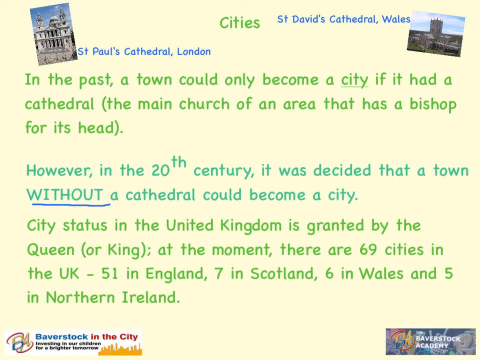City status in the United Kingdom is granted by the Queen or King, whoever's on the throne at the time. At the moment, there are 69 cities in the United Kingdom. 51 cities are in England, 7 are in Scotland, 6 are in Wales, and 5 are in Northern Ireland.